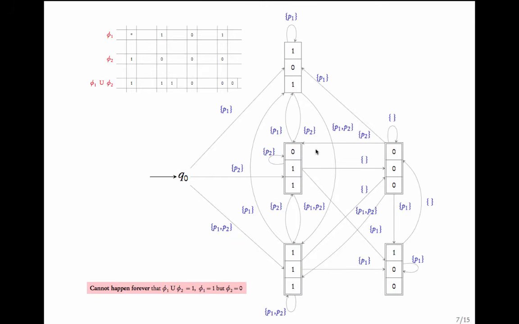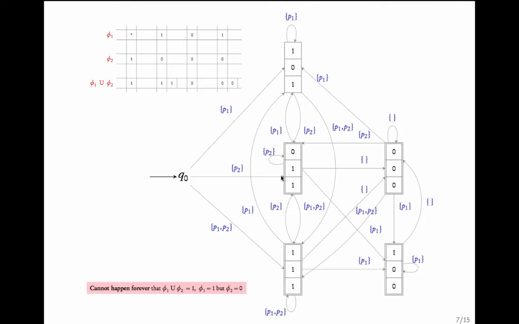We will mark the rest of the states as accepting: the states where either phi1 until phi2 is 0 or the states where phi2 is 1. You can safely loop in these states. You can see these states infinitely often. There is not a problem. However, if you loop in this state forever without visiting any of these states, then that word should not be accepted.